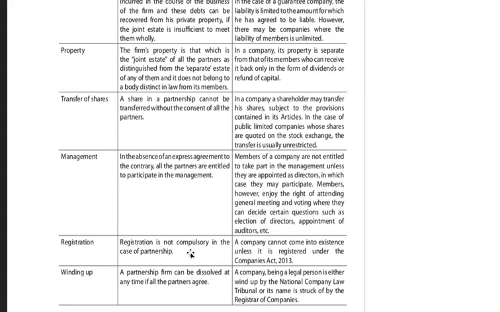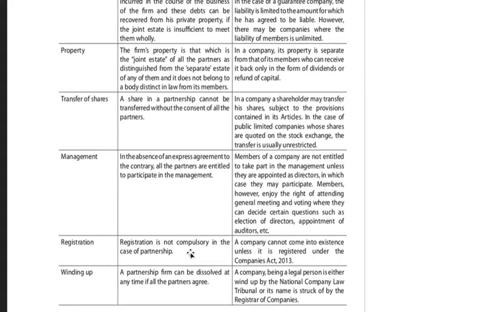If we make registration mandatory, then we are saying that a partnership firm can only come into existence upon a written agreement, because only written things can be registered. Oral things cannot be registered.